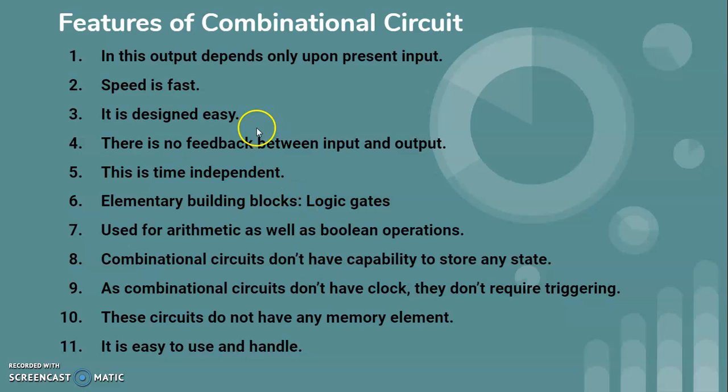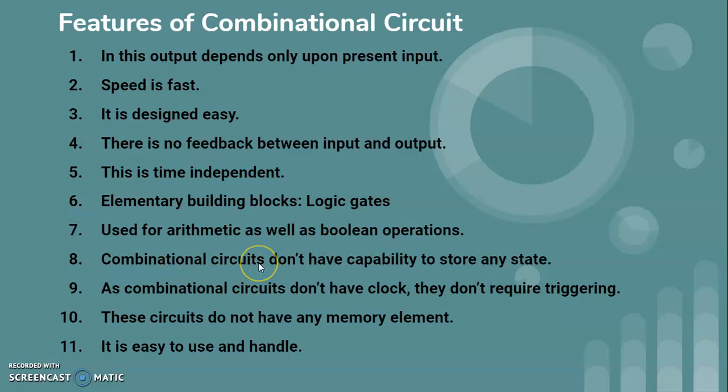Then we will see a few features of combinational circuit. In this, output depends only upon present input. Speed is fast. It is designed easily. There is no feedback between input and output. This is time independent. Elementary building blocks are logic gates, used for arithmetic as well as Boolean operations.